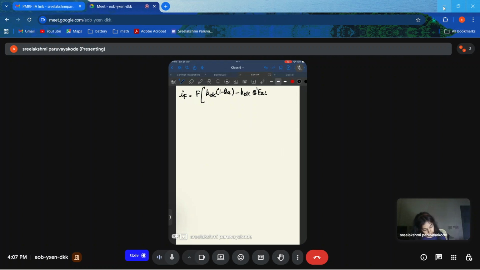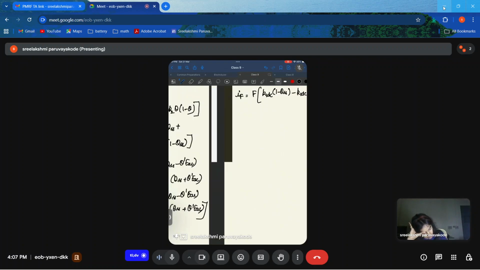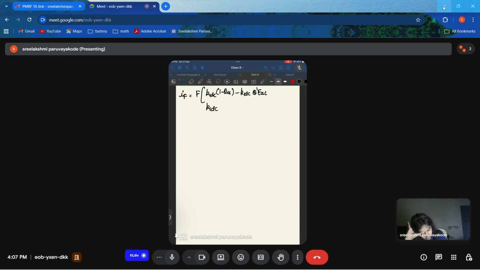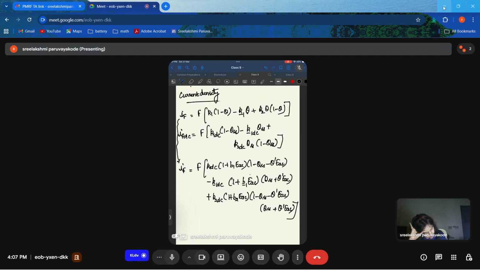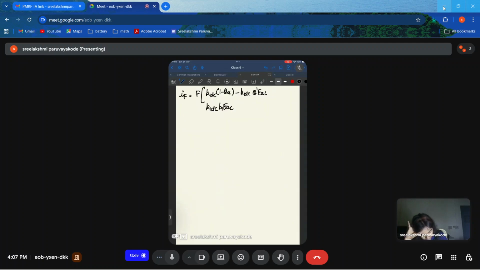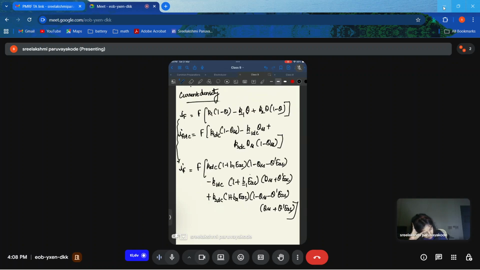Now from the next term you get K1 DC B1 EAC into 1 minus theta SS. So I write K1 DC B1 EAC into minus theta dash EAC, you'll get theta dash square. Theta dash itself is a small value, so theta dash square is going to be very small, so we're going to avoid that.